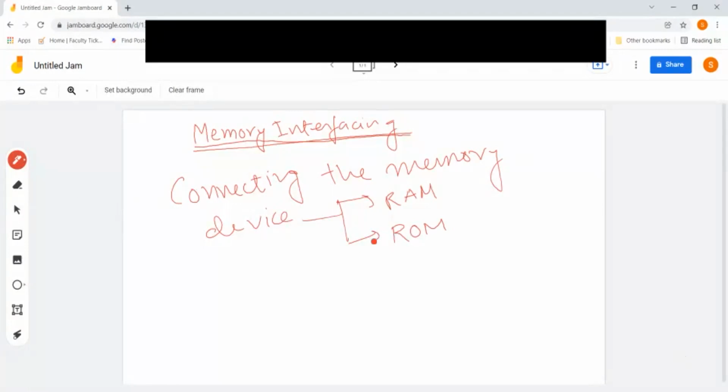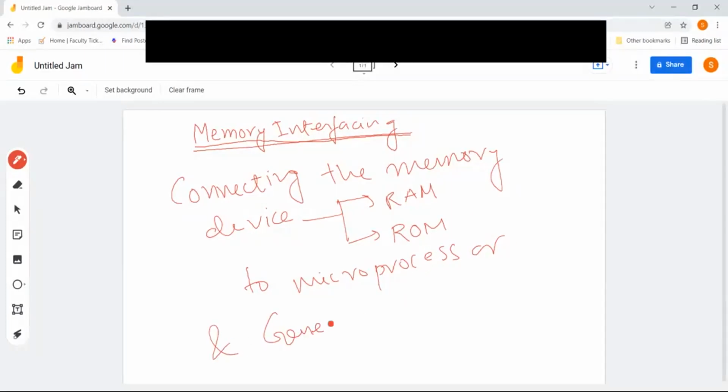So connecting the memory, RAM or ROM, to the microprocessor. That diagram you have to make and generate a suitable map.